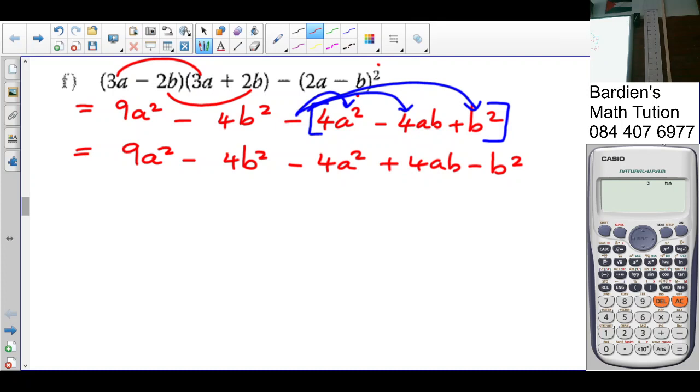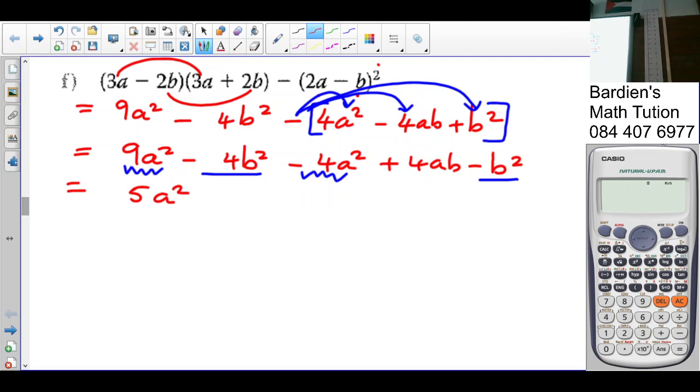Now what? Now we collect like terms. 9a squared with negative 4a squared. Negative 4b squared with negative b squared. So what's 9a squared minus 4a squared? 5a squared.